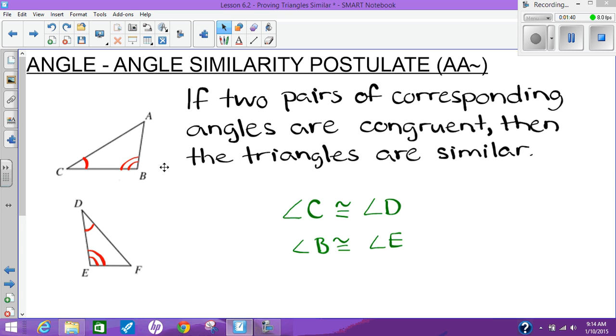You can see how easy it is to confuse calling triangles congruent and similar, as I've just done it twice. So make sure that you are careful about what you're writing about these two triangles.